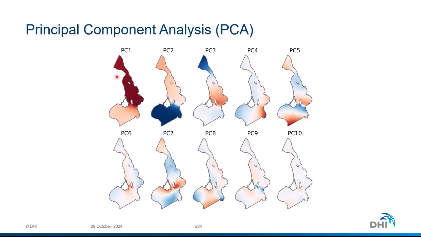So this is the first directional vector. If I want to reduce from 18,000 to just 1D, I would use these coefficients. And we can see that this first principal component is considering a difference between the north of the domain and the south of the domain. And the next one is separating the south of the domain from the north of the domain, and so on. And in the fourth one, we can see there's a separation between east and west.